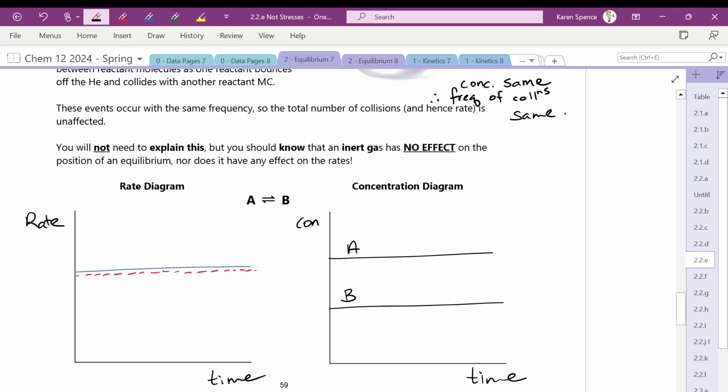And at this point right here, we add helium. And we see nothing. Nothing happens. Super fun.